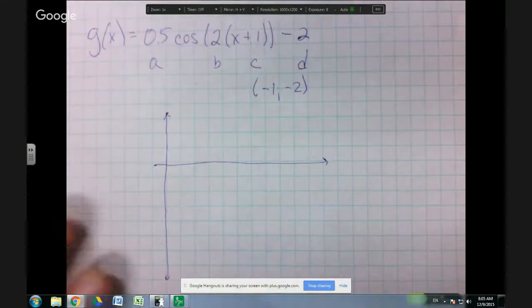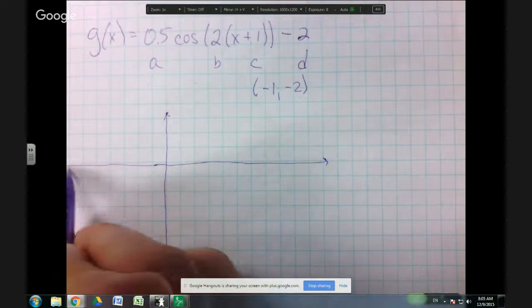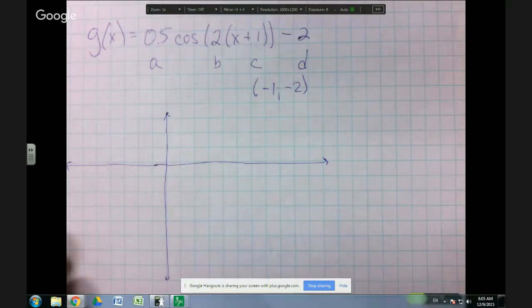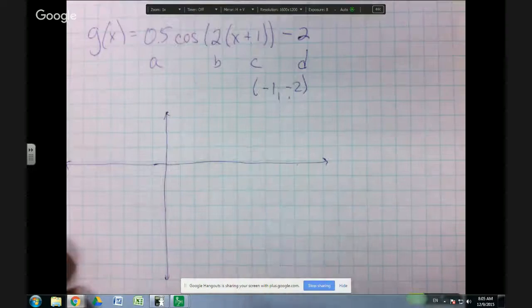I'm going to draw my grid as such because I know that we're going to be below the x-axis. So graph your point here. Do you need to catch up? Pretty good.